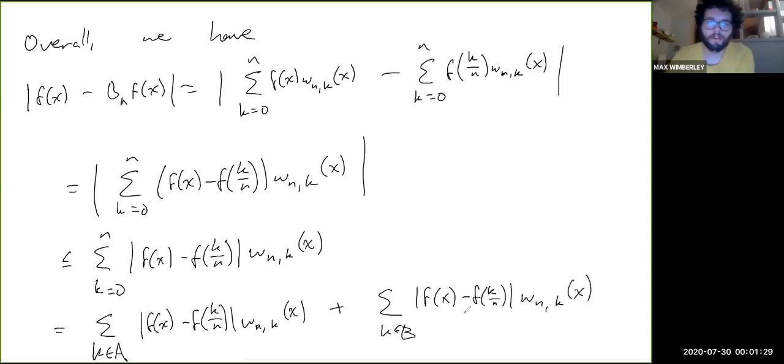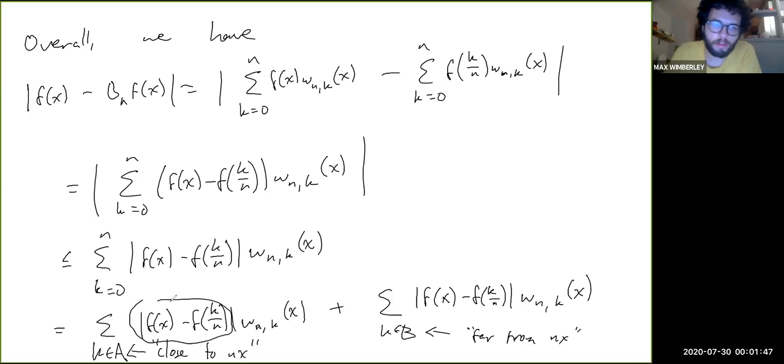This is the close to nx part, and this is the far from nx part.